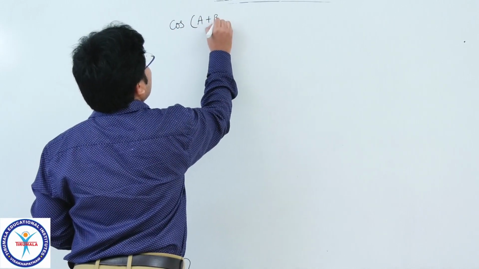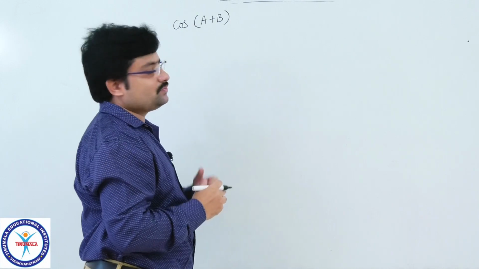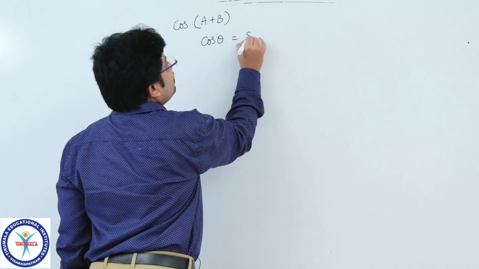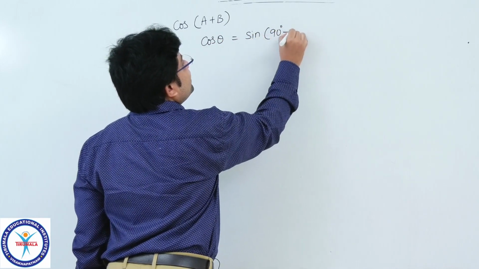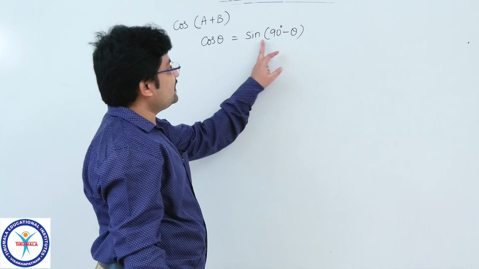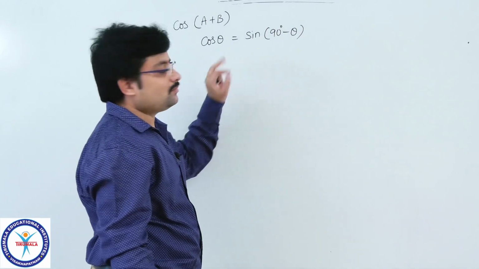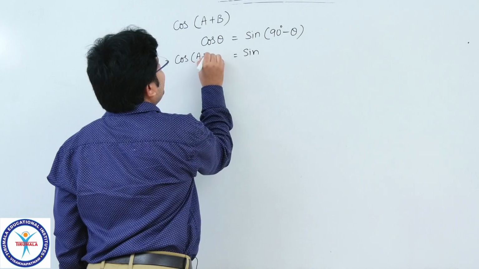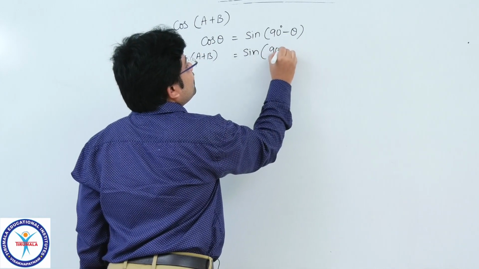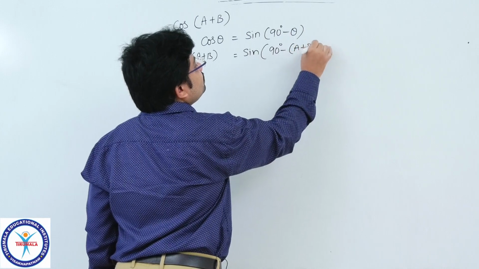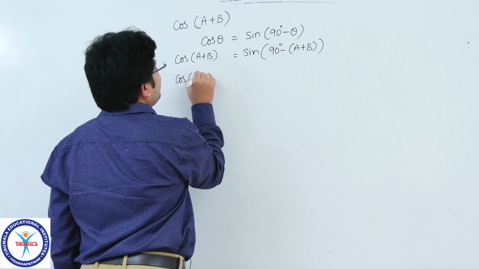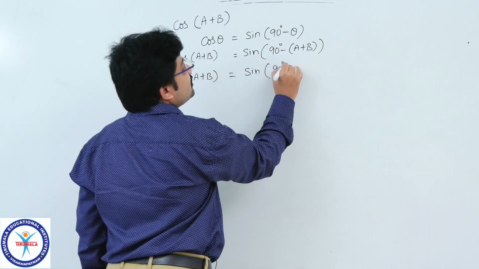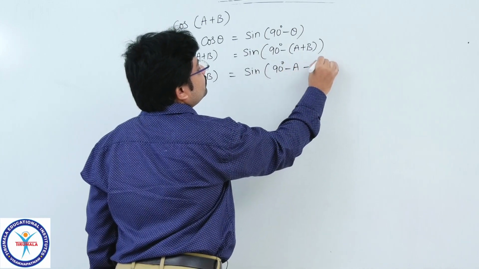Cos(A+B). Before learning this, we have learned the complementary angle: cos theta can be written as sin(90 degrees minus theta), because sin(90 minus theta) is again cos theta. So cos(A+B) is equal to sin(90 minus of (A+B)). Therefore, cos(A+B) is equal to sin(90 degrees minus A minus B).